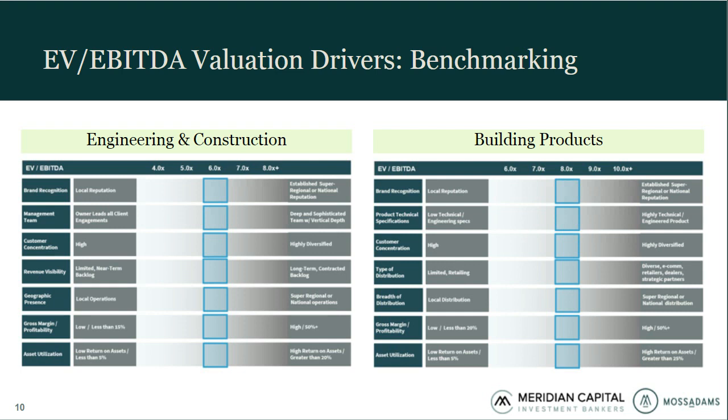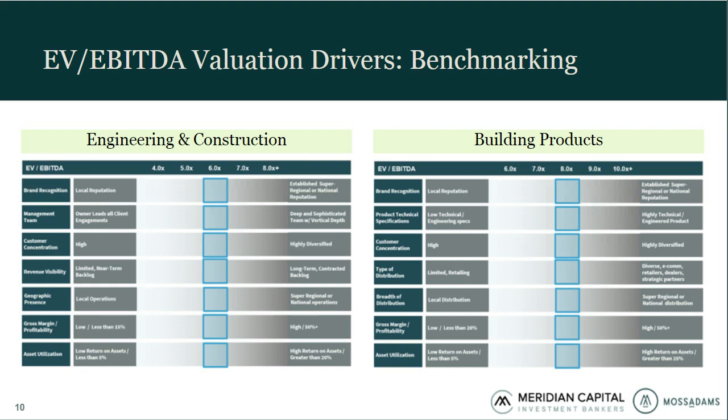Just at a very exceptionally high level for this call: brand recognition, management team depth, these are really important assets of a company. Customer concentration, folks like a diverse customer base. Generally speaking, your largest customer isn't more than 10% of your revenue. Revenue visibility, we talked about certainty.